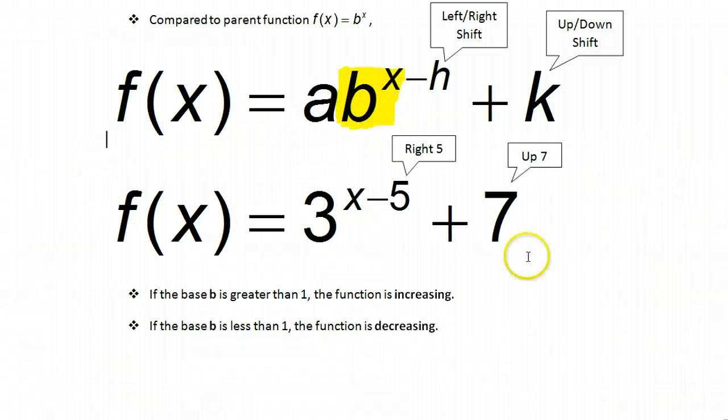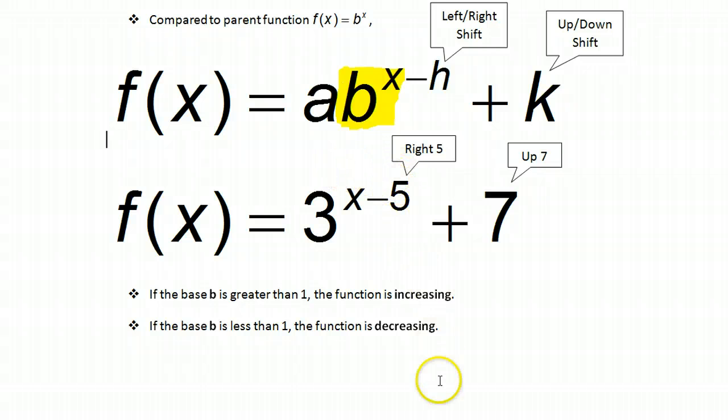Now remember, the k value here is an up or down shift. Positive up, negative would be down. What's going on here in the exponent is a left-right shift, and it's kind of the opposite of what you might think. A -5, for example, will actually be a shift to the right 5. And a positive 5 would go to the left.